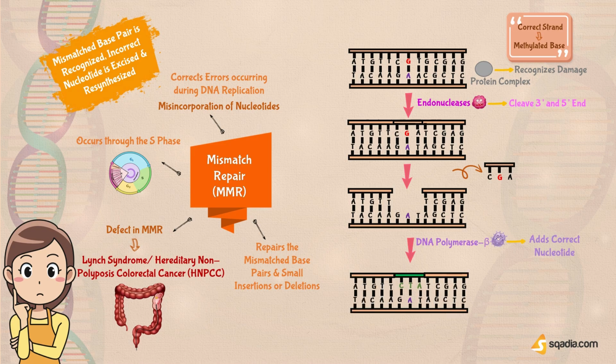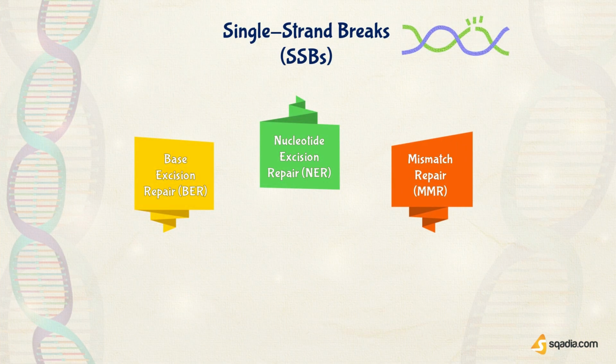The gap is then resynthesized by DNA polymerase using the intact DNA strand as a template. Finally, DNA ligase seals the nick by joining the newly synthesized DNA with the rest of the DNA strand, completing the repair process. So, that was about mismatch repair pathway.